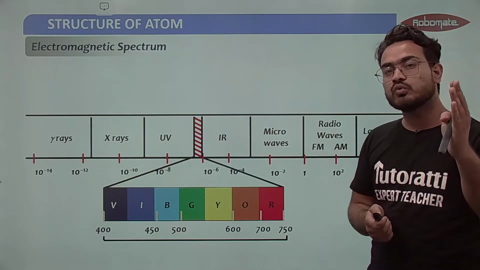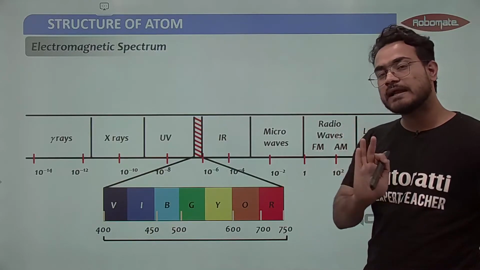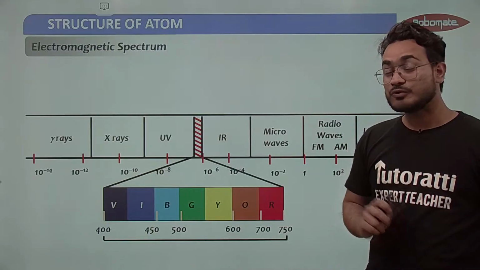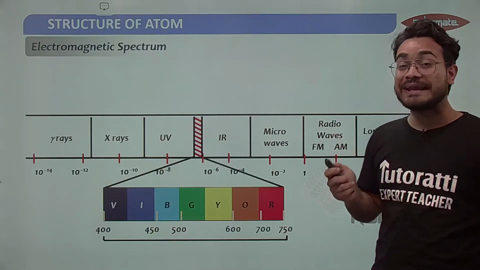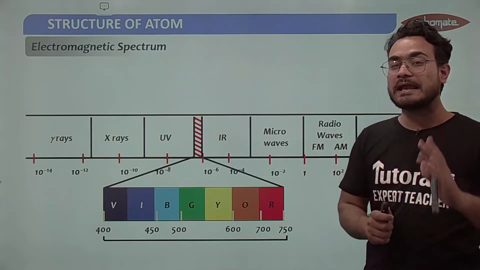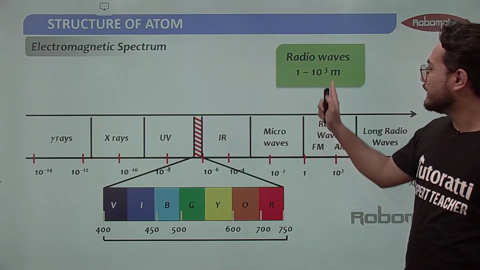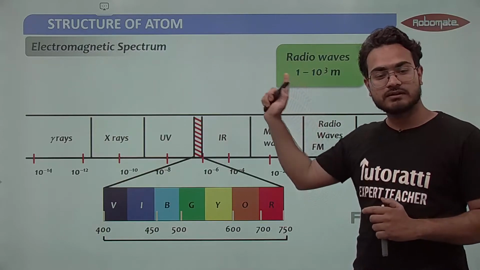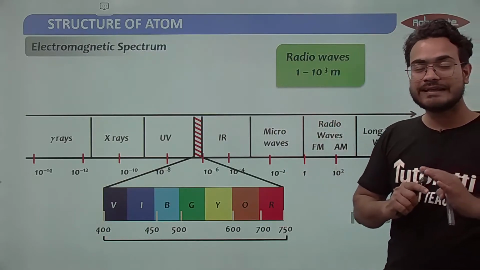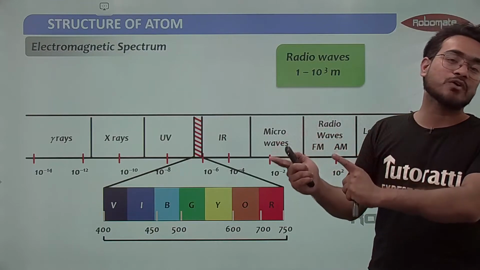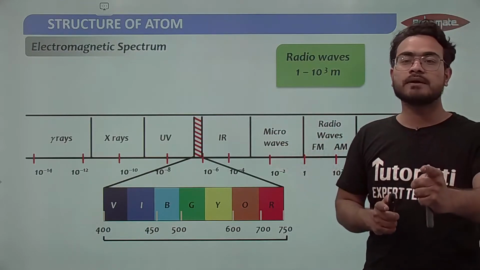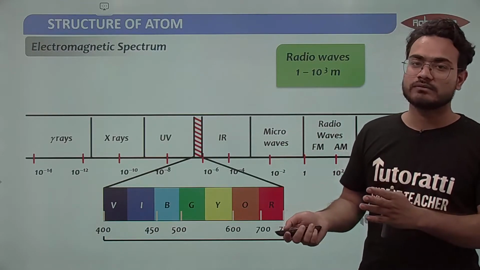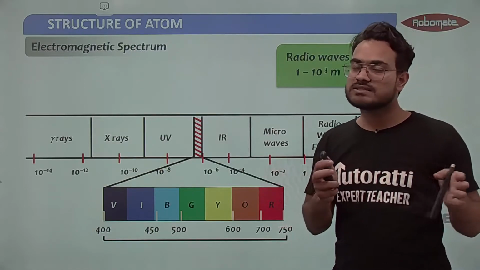Can anyone of you tell me what is the full form of FM and AM? Those come in the region of radio waves. Radio waves have a wavelength of about 1 meter to 1000 meter. In the example, we got around 220 meter, which is quite right, because the range is that only.